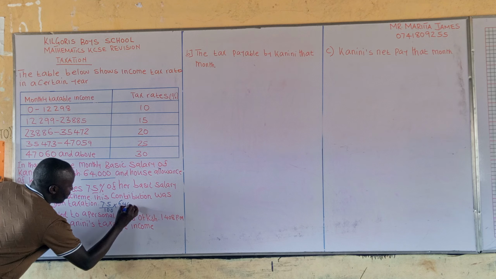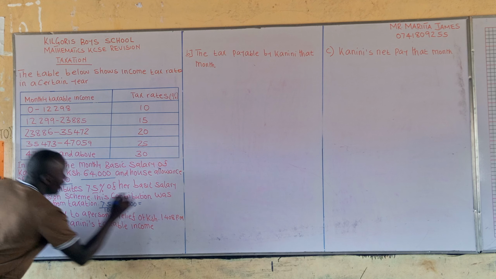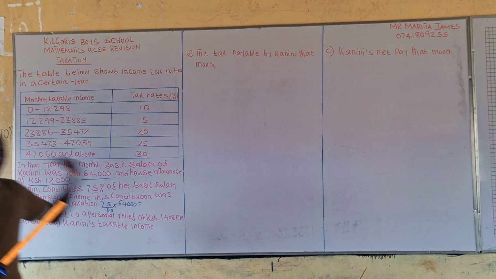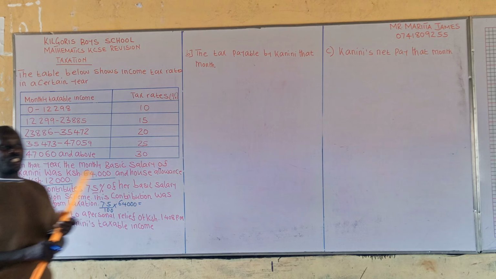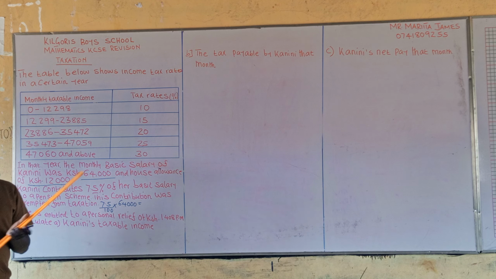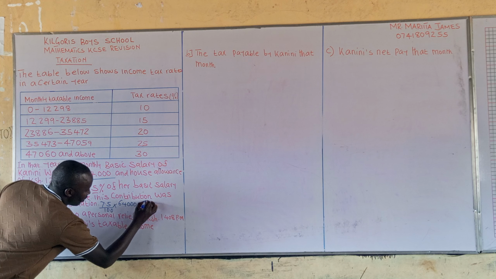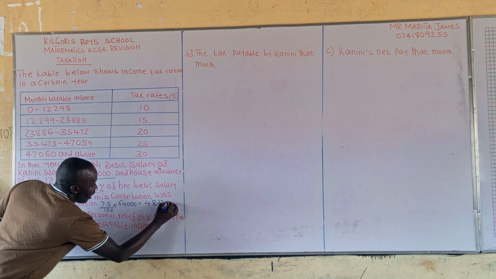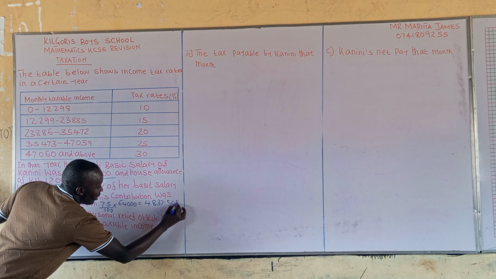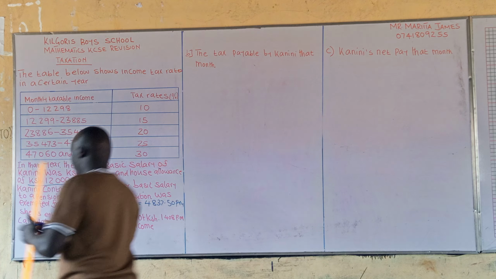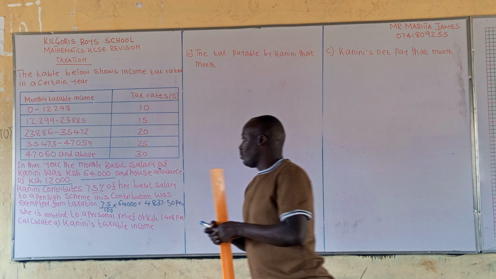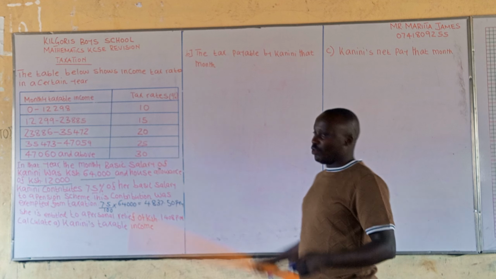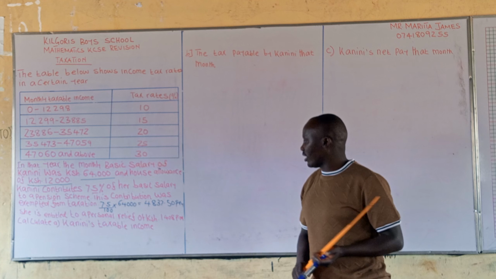Then you get the money Kanini contributes to a pension scheme, and that will be equivalent to 4,837 and 50 cents per month. This is the money Kanini contributes to a pension scheme, which is equivalent to 7.5%.